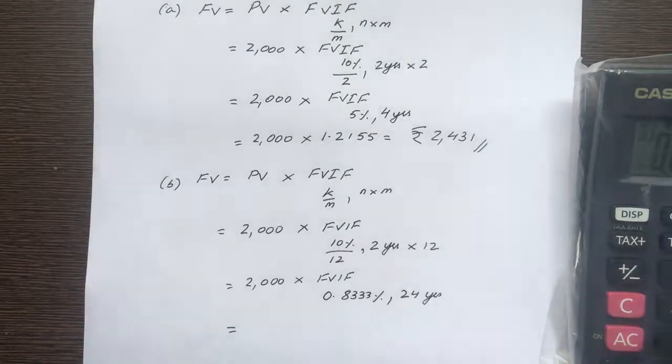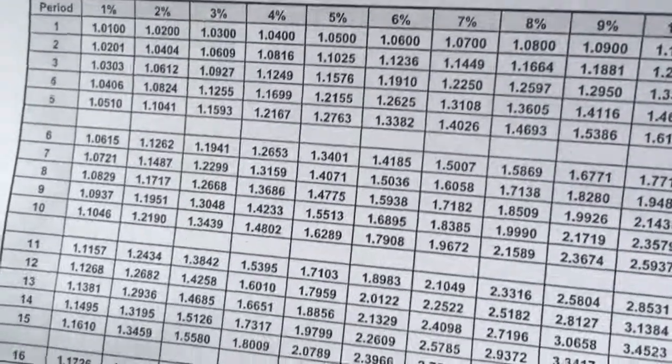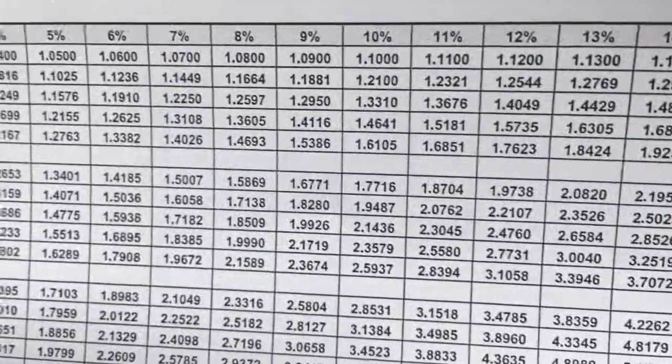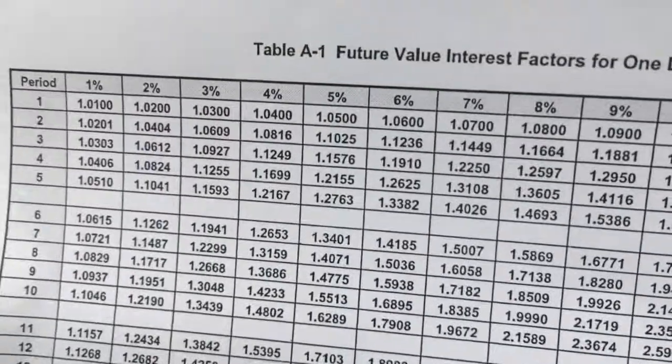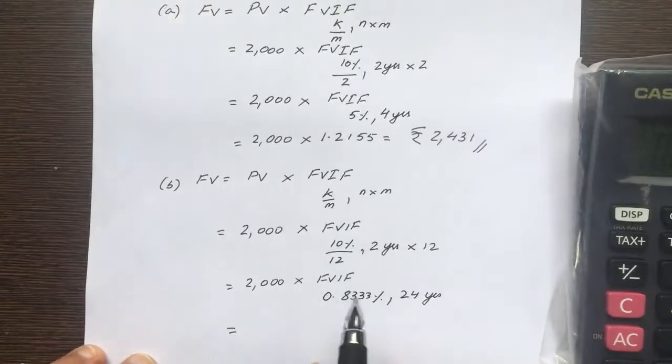Now if you have to use the table to solve this problem, you will not be able to do so. Why? Because if you look at the table here, all the interest rates are in whole numbers, no fractions. So therefore, when you have a rate of interest like 0.8333%, you will not be able to use a table.